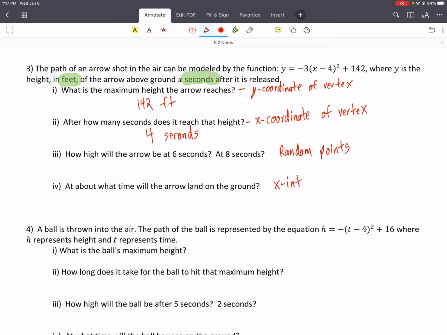So then we type in x equals 6, we get a point of 6, and then 130, so it'd be 130 feet. Then we gotta do it again to find the 8 seconds, so value x equals 8, so we get a point of 8, and then 94, so it'd be at 94 feet.